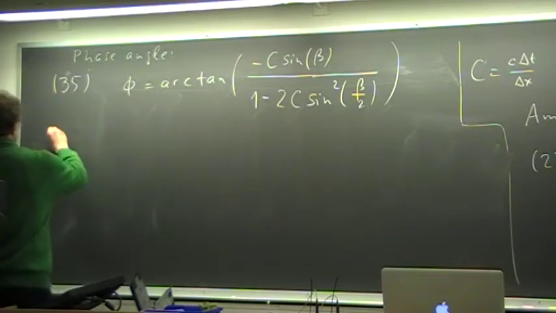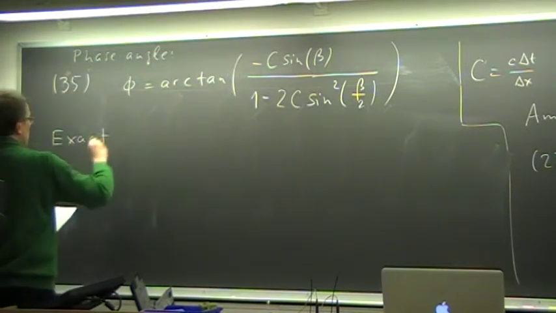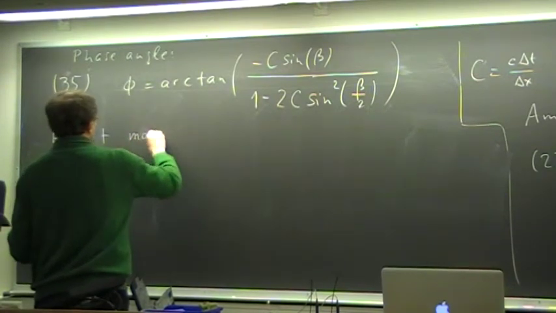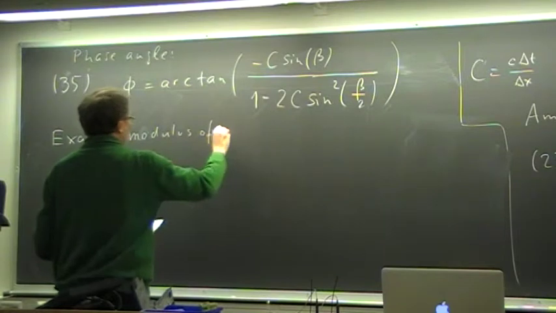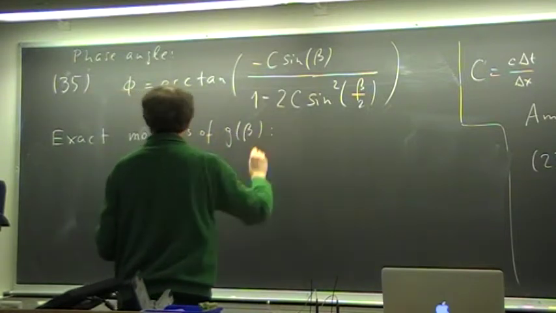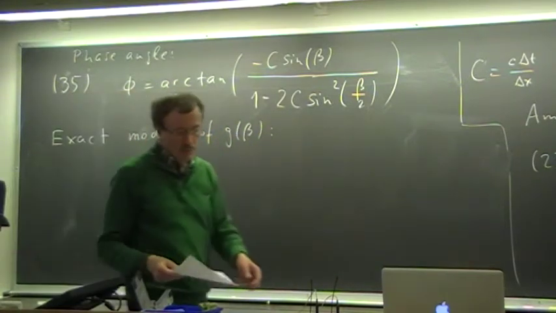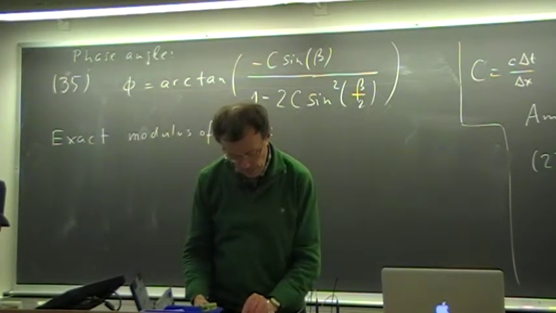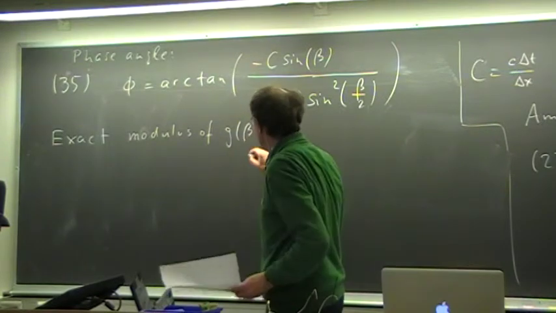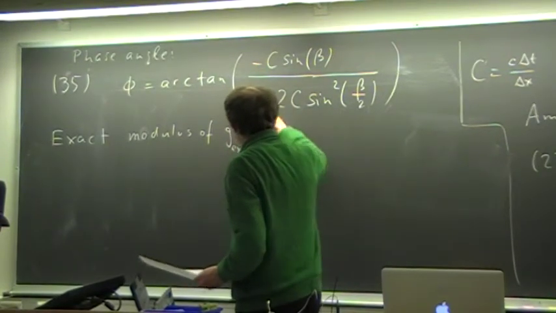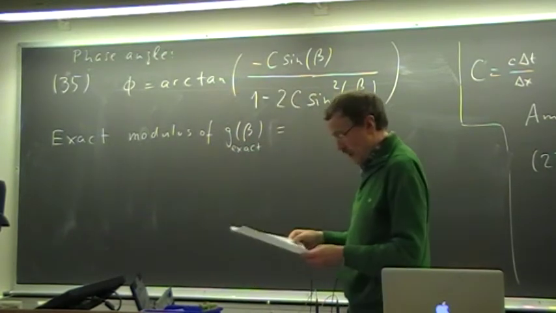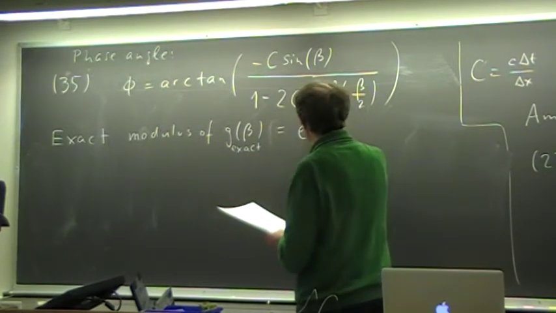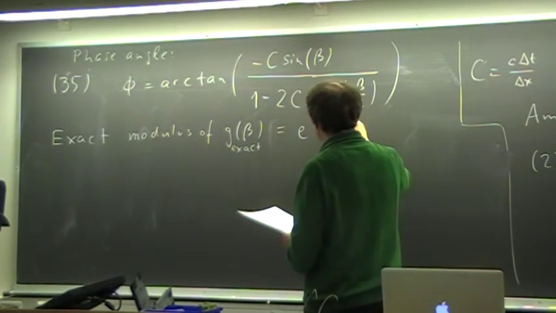So the exact modulus, take that first, the modulus of G exact of beta. I think we have not yet done that, but we derived the G exact last time. That was e to the minus I c beta.